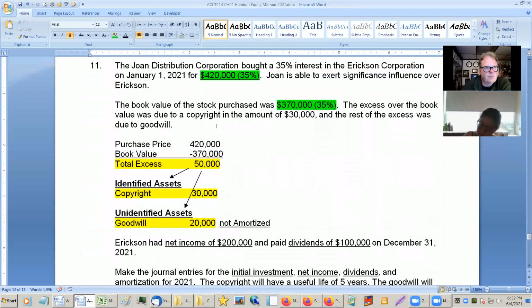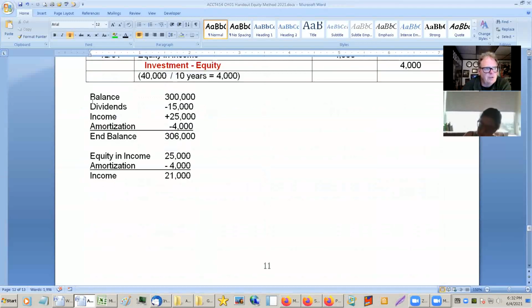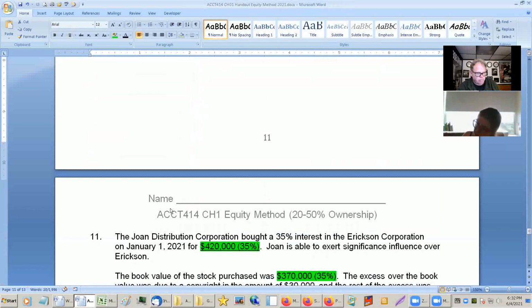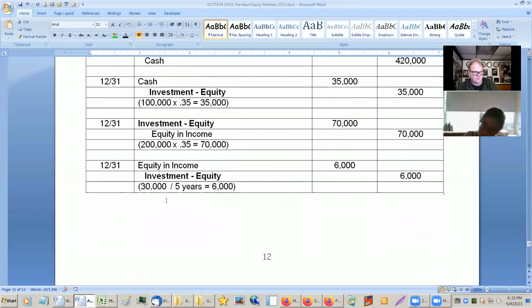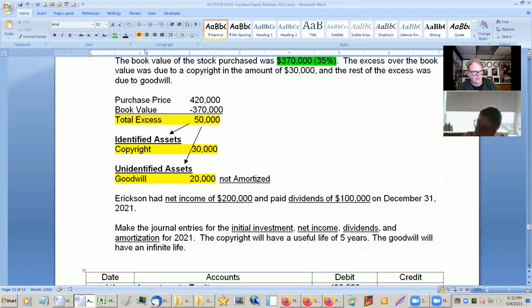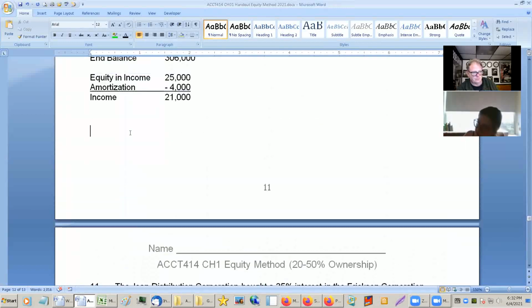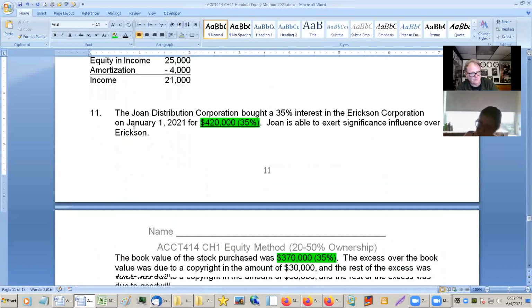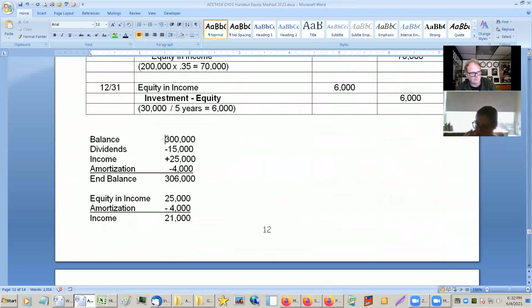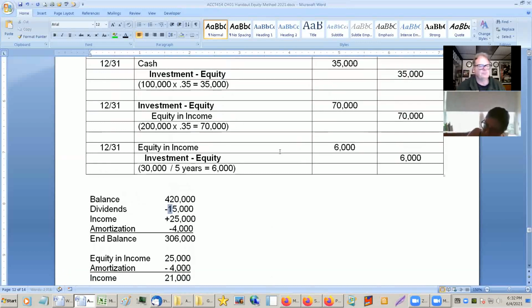Okay. And then the income would be the equity income of 70,000 minus the amortization of 6,000, which would be 64,000.